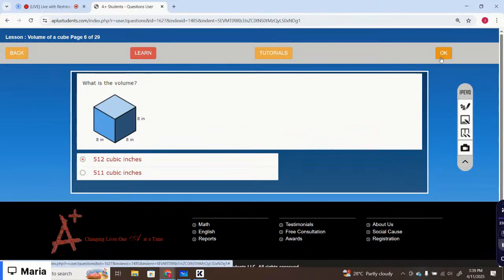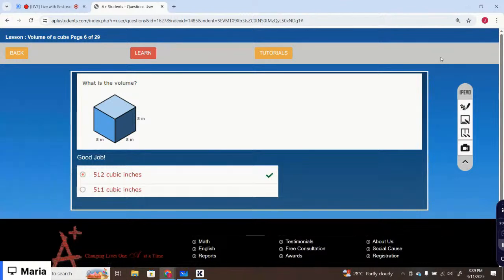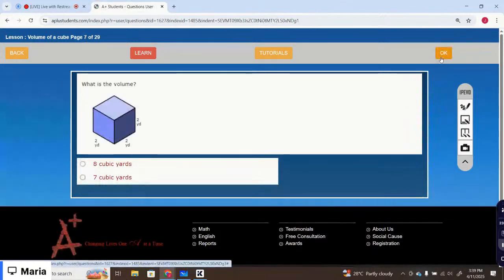Option number 1 is the correct option. 2 times 2 times 2 is 8 cubic yards. Option number 1 is the correct option.